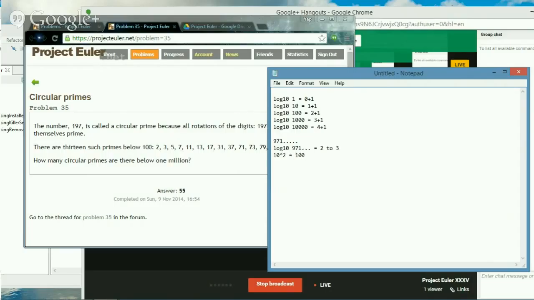So we just change the value from log base 10 of the number. We get the value, then we convert the double value into integer value, and then we use it to construct a 10 power of that number in order to extract the first digit from the number.